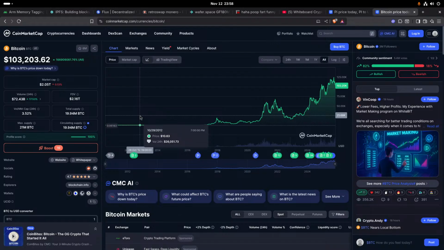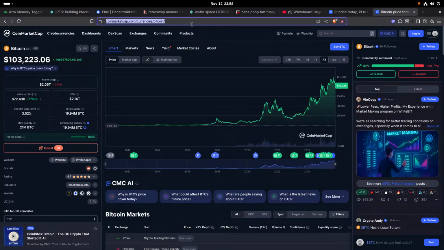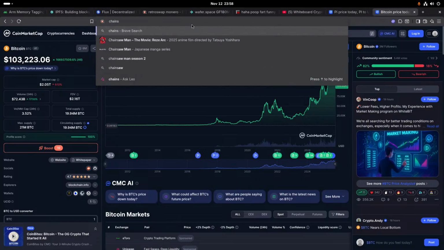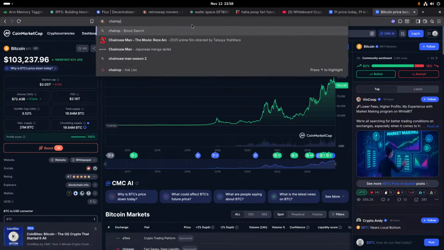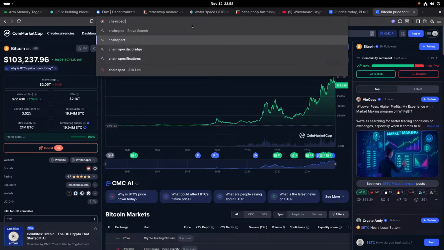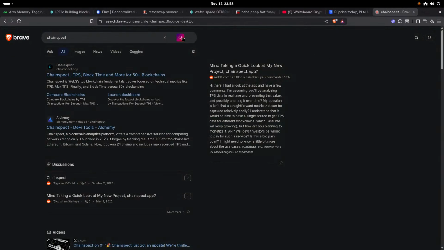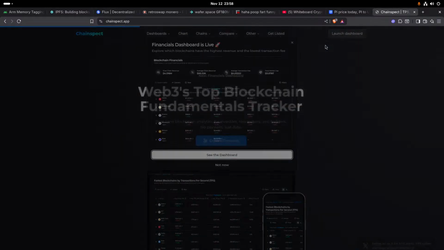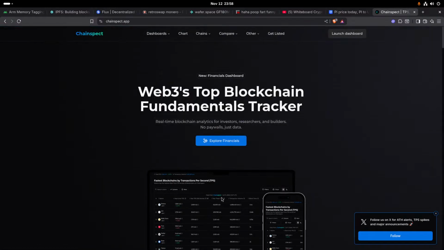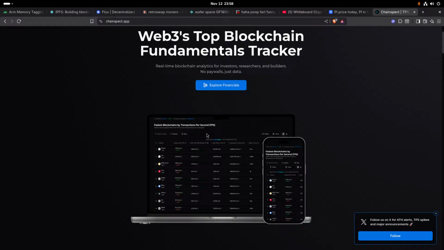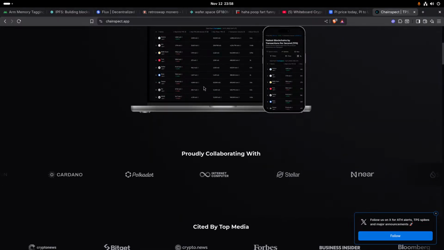Go to ChainSpect and look at the fastest crypto, please. Speed doesn't matter. Hell no. Web3's top blockchain fundamentals tracker.